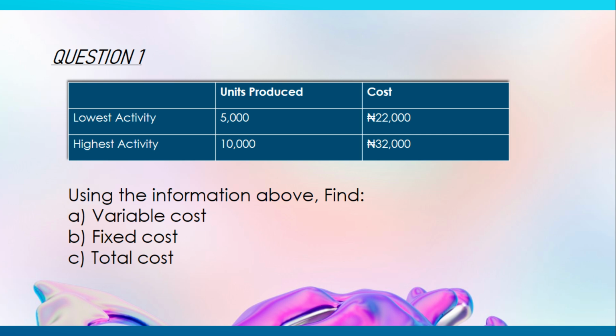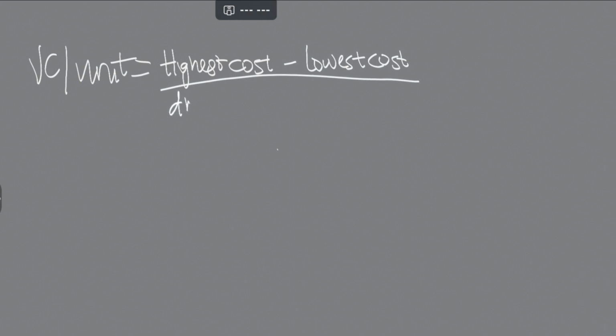To calculate the variable cost per unit, we are going to be using the formula: highest cost minus lowest cost, divided by highest activity level minus lowest activity level.